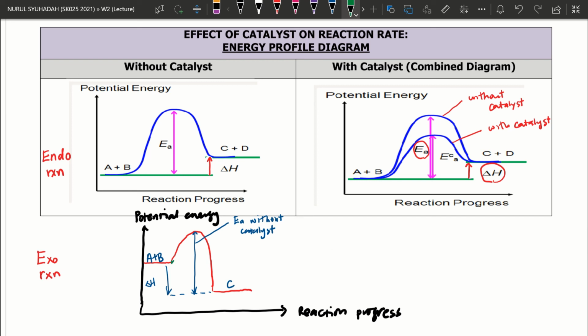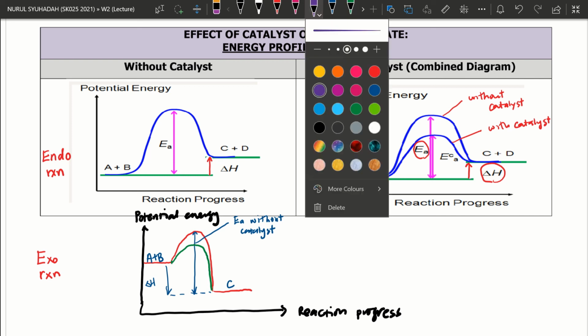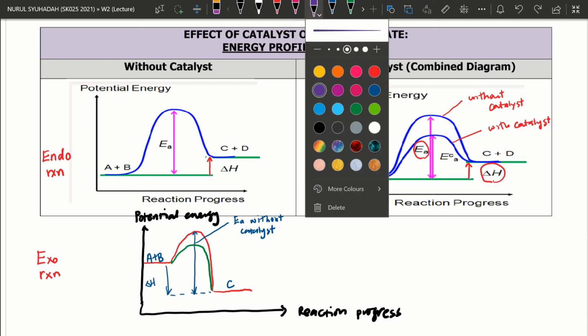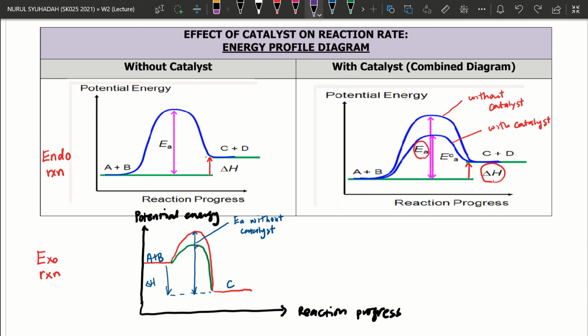At the end here, just draw a smaller curve and until down there towards C. Okay, and label. Let me take another color. Okay, so sorry. Here towards here. You will label this as the EA with catalyst.